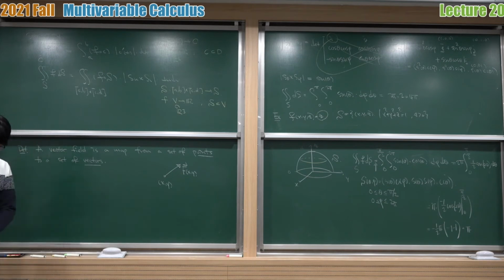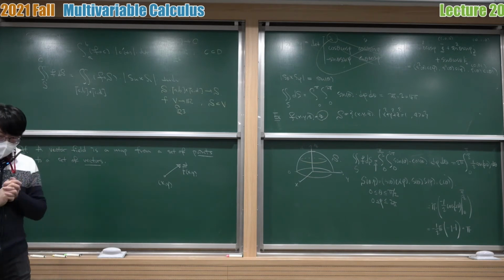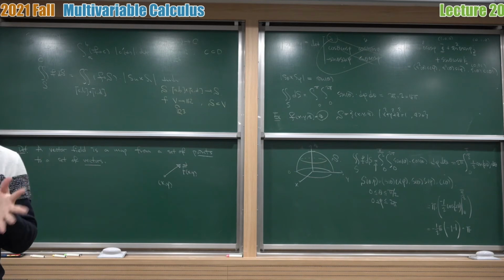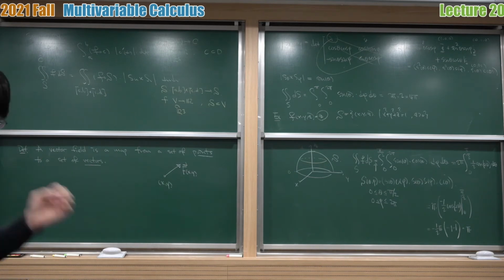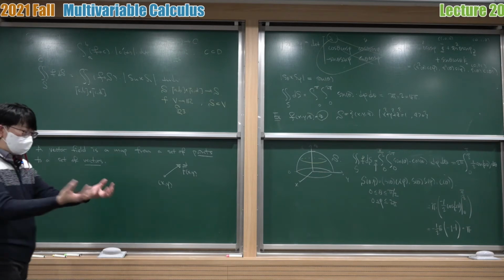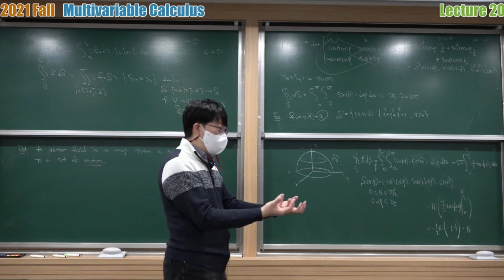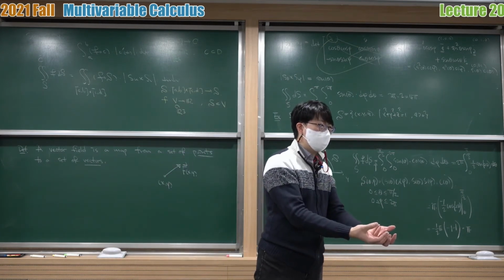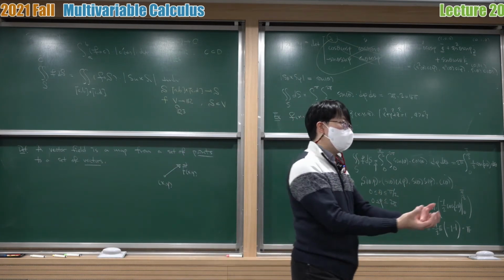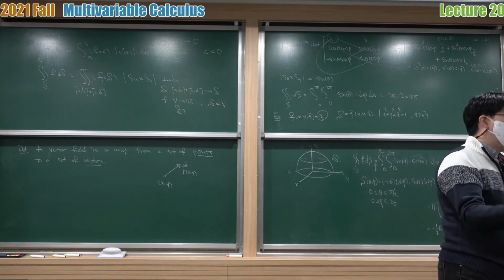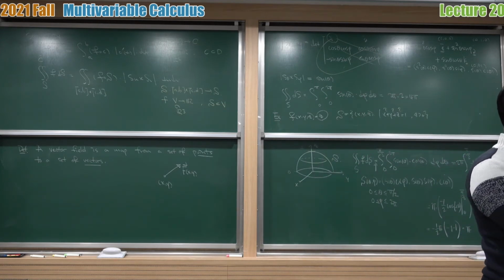So you can consider your vector field as a part of a multivariable function, but there's a big difference between a multivariable function and the vector field. So vector field is a multivariable function, but there's more to it because if you take two multivariable functions, you cannot add these two functions. Okay? If you have a single variable function, you can add to get another function because the output of single variable function is a simple number, so you can add numbers.